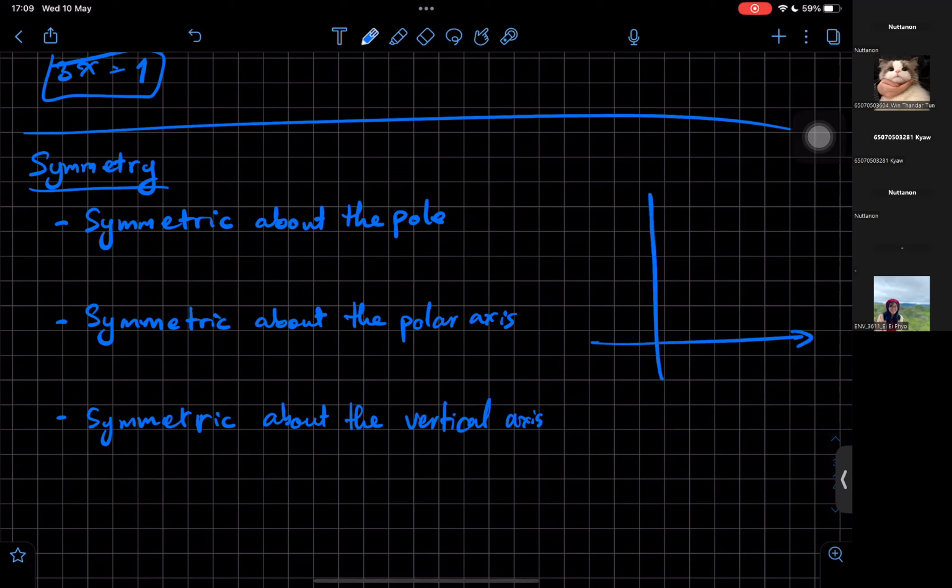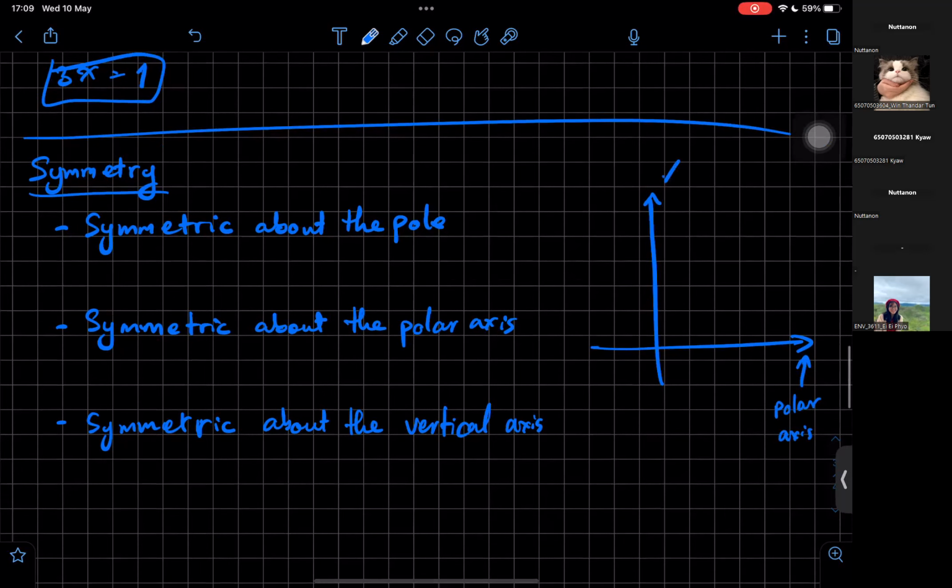So as you can see, this one we call the polar axis, and this one is vertical. And the pole is over here, the origin.